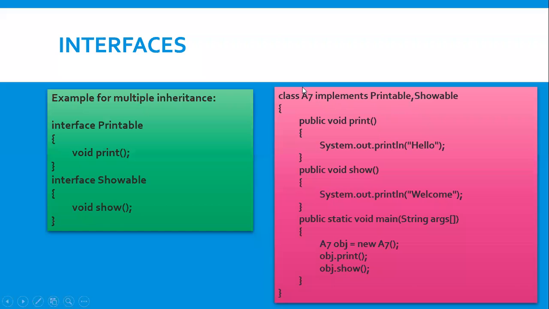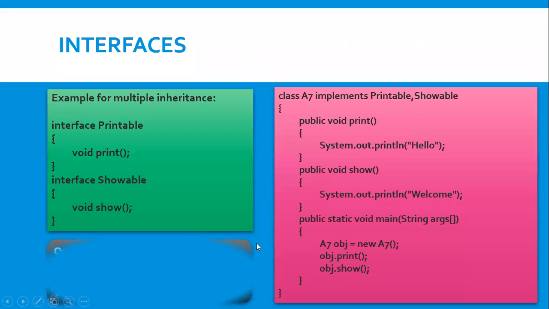So now class A7 is going to inherit the properties from both printable and showable. That means class A7 performs multiple inheritance, which is possible by using this comma. Like that, you can implement any number of interfaces.